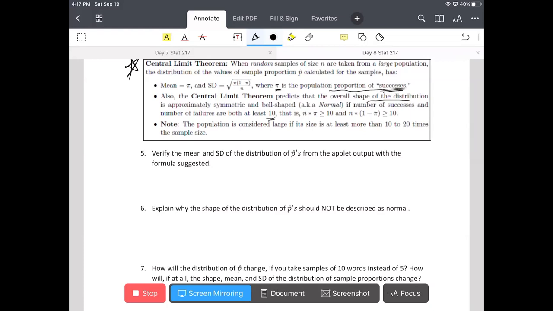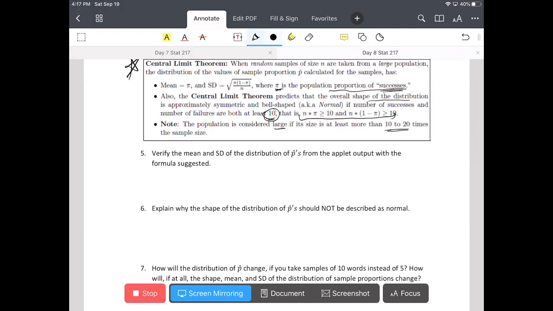So if you have, let's say, n equal to 20, and that population proportion is 0.5, 20 times 0.5 would give you 10, so you'd have at least 10. You have a nice way to check right here, and they both need to be at least 10, okay? The population is considered large if its size is at least 10 to 20 times the sample size.